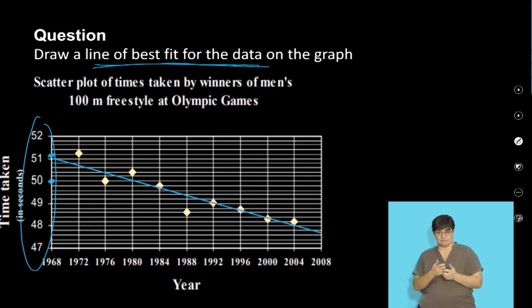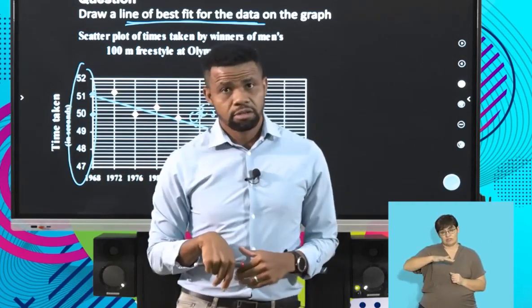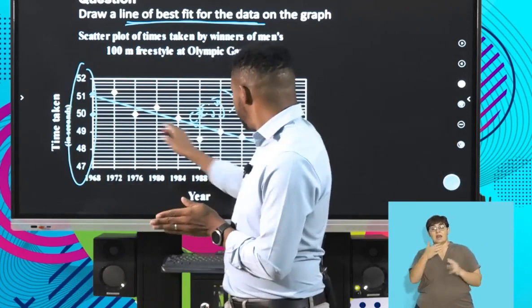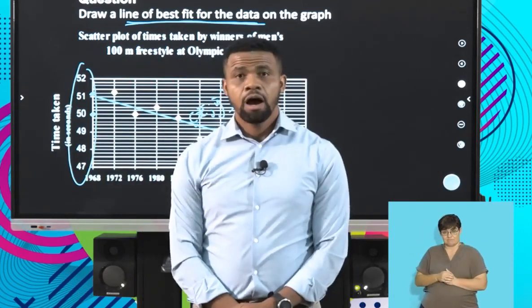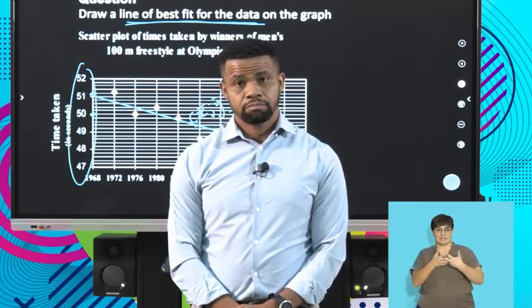My average is somewhere there: the mean for x and the mean for y. Very important to indicate that point. You can calculate that point using your calculator. So the average is the mean for x and the mean for y, and the line of best fit passes through that. Are we together? Okay, that's my line of best fit.